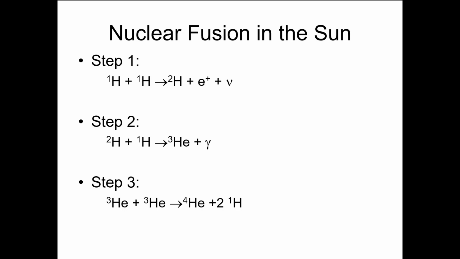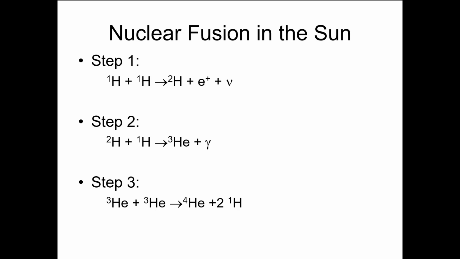This one occurs when two helium-3 nuclei that had been produced by step 2 somewhere within the core of the sun combine, and they form a helium-4 nucleus, which actually, if you add together all the parts that are there, you'll end up short a couple of protons in the helium-4 nucleus, and those two protons are released in this reaction.